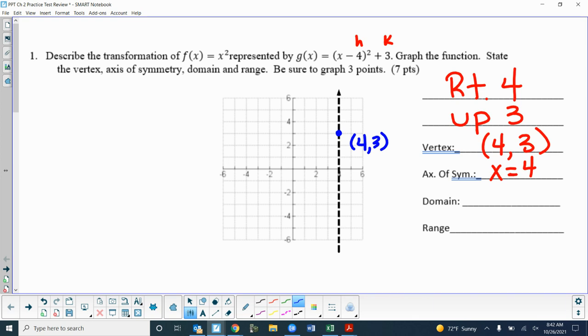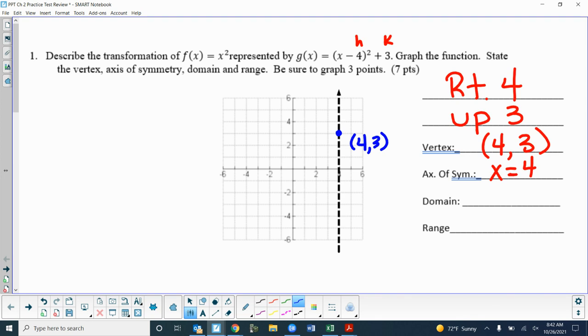So I labeled my vertex. And then I usually just go one left and one right of that point. Basically all we're doing is moving the parent function over 4 and up 3.